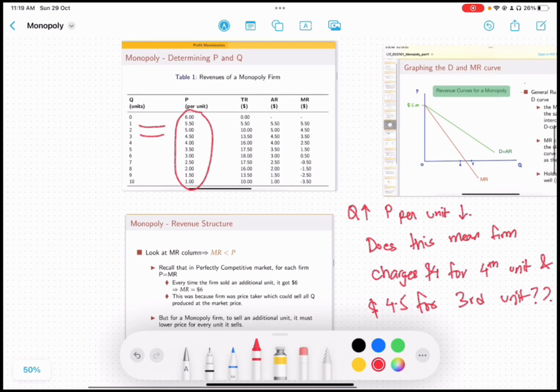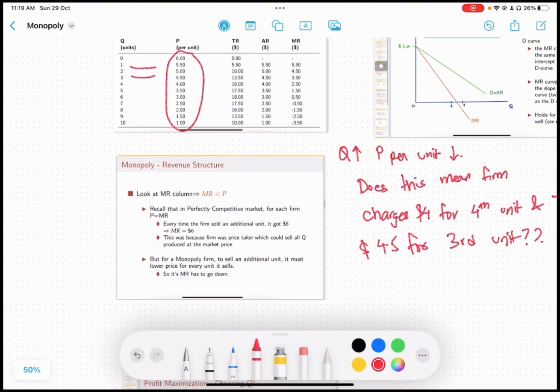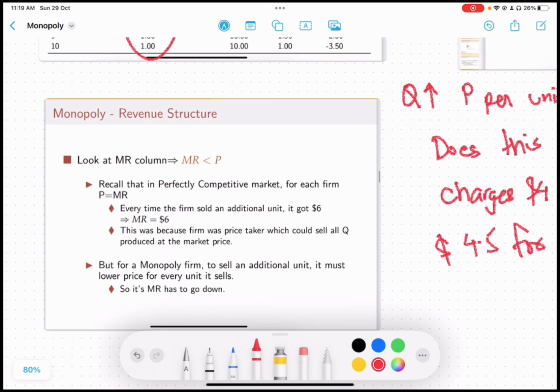What this actually means is that to sell an additional amount, if the firm wants to sell more and more and more, then it has to charge a lower price for each of the units sold. All right. So that's what I'm saying in this slide here.